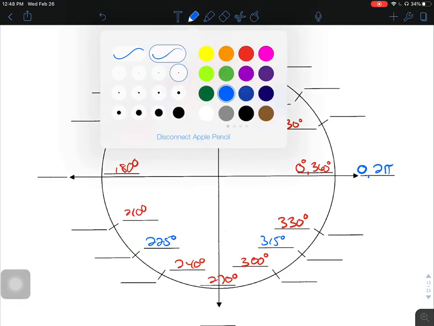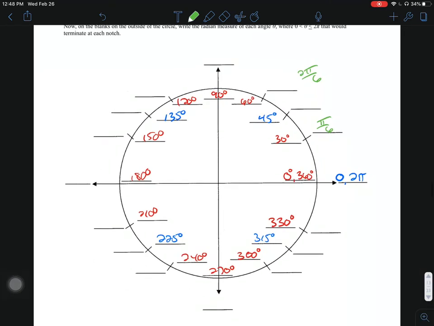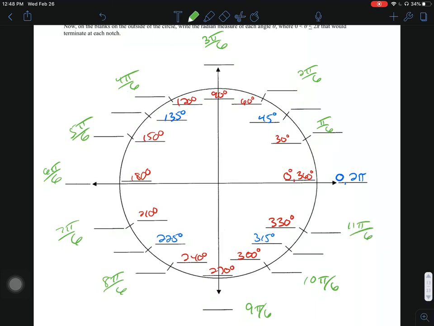So if we count by pi over 6, we're going to have 1 pi over 6, and then 2 pi over 6, and then 3 pi over 6, and then 4 pi over 6, and then 5 pi over 6, and then 6 pi over 6, and 7 pi over 6, and 8 pi over 6, and 9 pi over 6, and 10 pi over 6, and 11 pi over 6, and back to the beginning, which is 12 pi over 6.